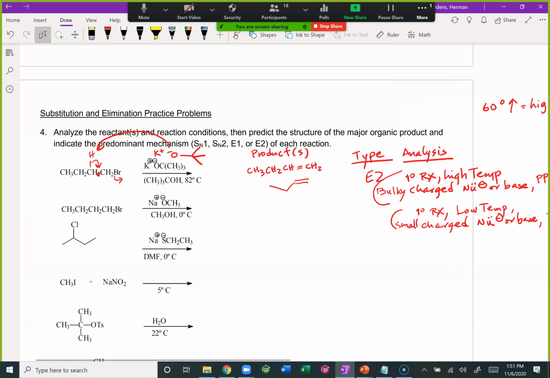That is screaming SN2 to me. Very good, this is an SN2 reaction. And so the SN2 will give us what? This is 1, 2, 3, 4 carbons, and one more, and that will give us this CH3 group right there. All right, only one product.